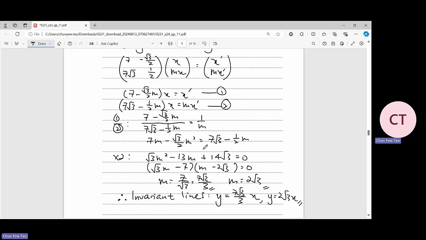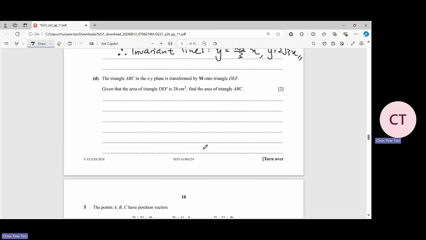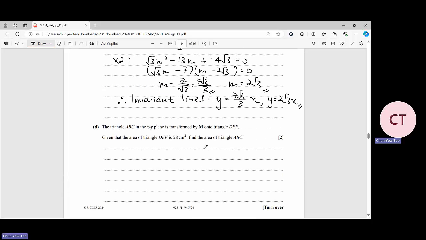Okay, done. Now we're moving on to part D. The triangle ABC in the xy plane is transformed by M onto the DEF. So this is the image. This is the object. Given that the area of the triangle DEF is 28 cm squared, find the area of the ABC. So this is the area of object, area of image. This is image, this is the object.